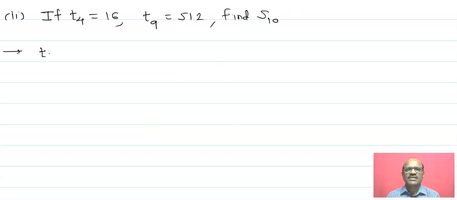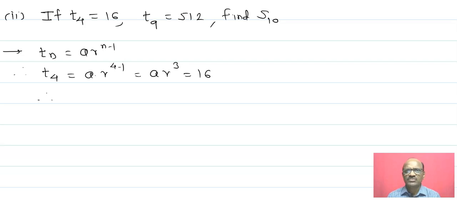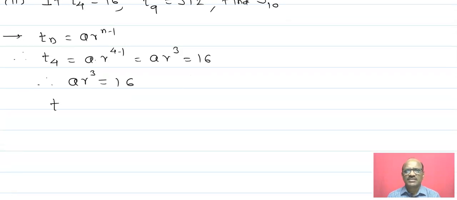Now the next is T4 is equal to 16, T9 is equal to 512, and then find S10. In the same manner, Tn is equal to A into R raised to n minus 1. Therefore T4 is equal to A into R raised to 4 minus 1, that is AR cube is equal to 16.